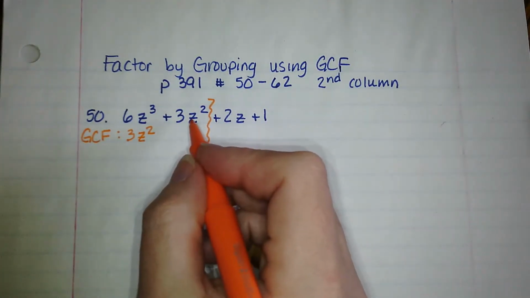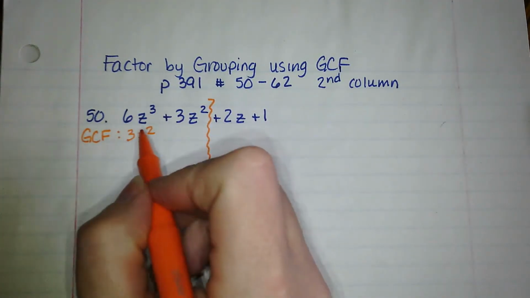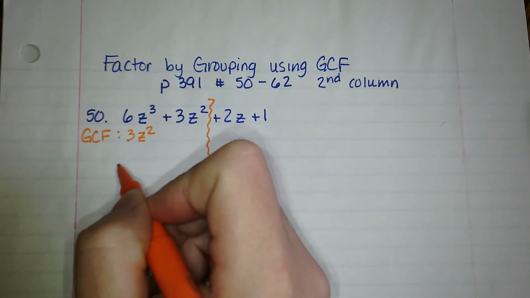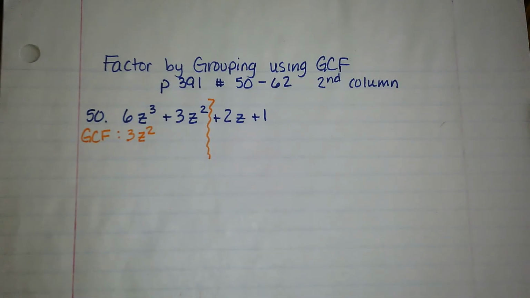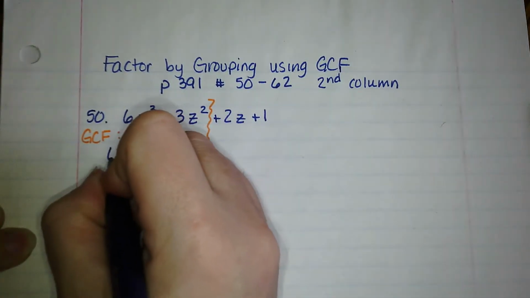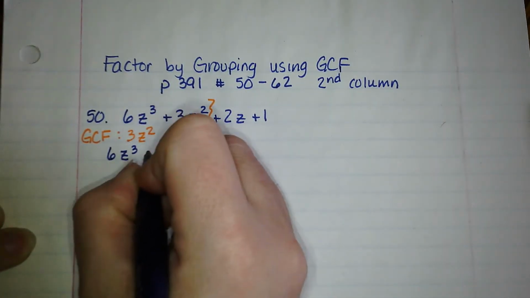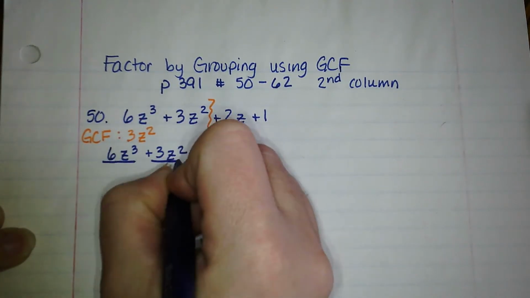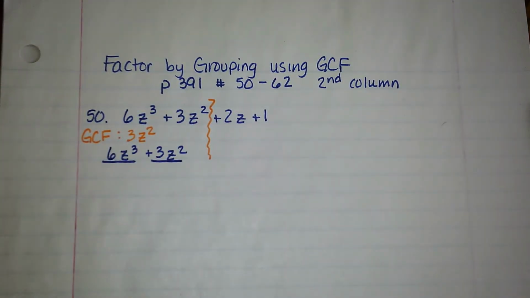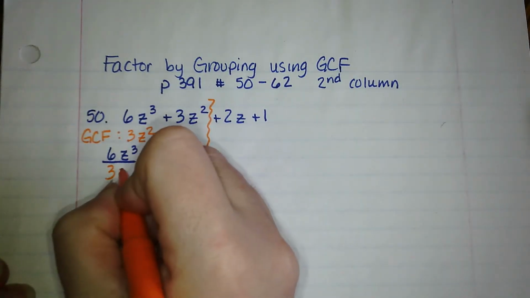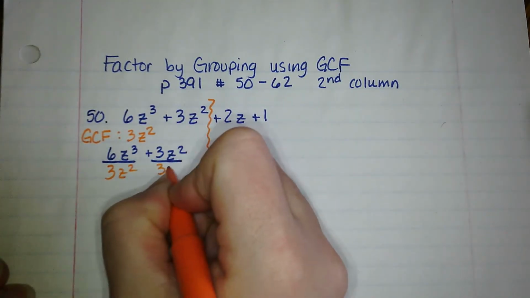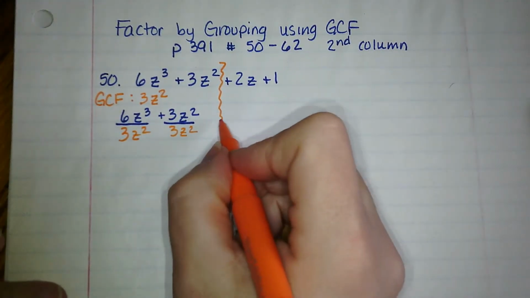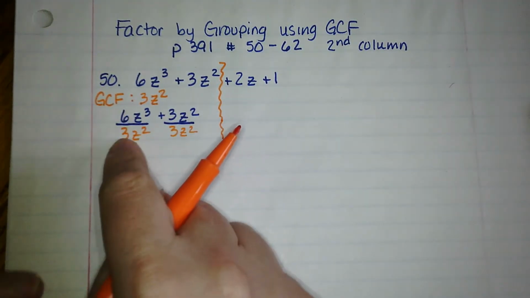Then what we're going to do is take our GCF and divide it into this to find what's on the inside of the parentheses. So, like we did previously, we're going to do 6z to the third plus 3z squared, and divide it by that GCF. And when we divide, don't forget that we divide the numbers.